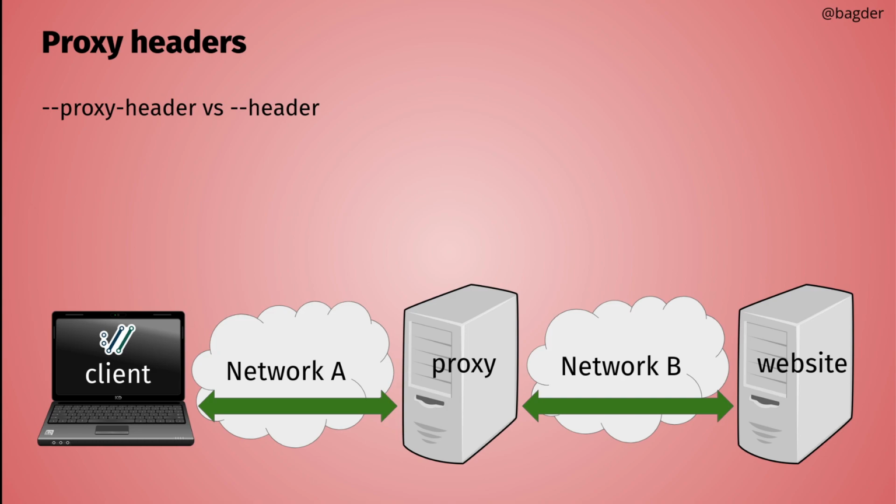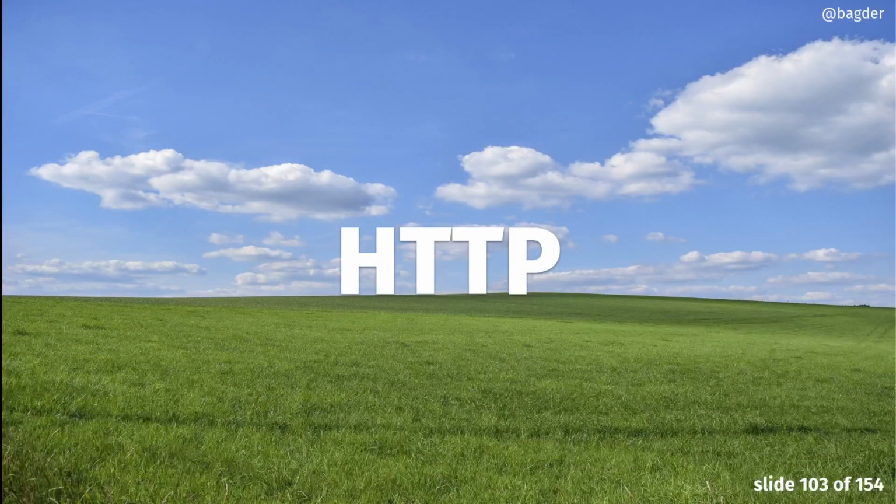That means that you're sending headers to two different parties involved in the same transfer, and you can separate headers. So curl can send headers just to the proxy or just to the website, and you differentiate between them using the proxy-header or header options. Just think about that if you're setting headers when you're using HTTP proxies.